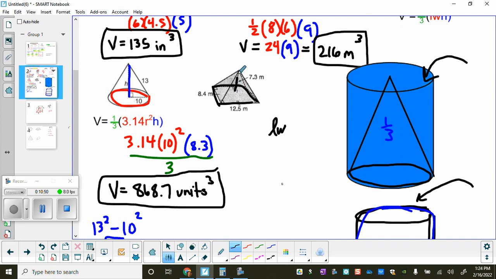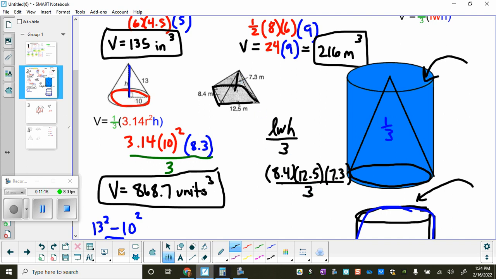We're going to be multiplying it by the height. Then we're going to be dividing by 3 or taking a third. So the length times the width, we've got 8.4 times the 12.5. That's my rectangular base. Now I'm going to do times the height of 7.3. Then all of that is going to get divided by 3 because I'm dealing with a pyramid.